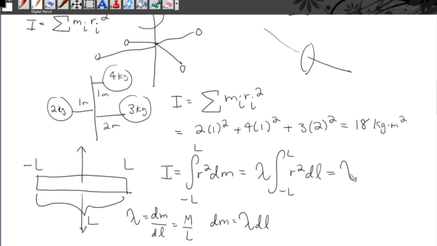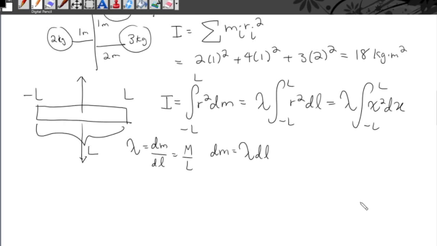So we have lambda times the integral of x squared dx. And this is just basic integration. Then we have lambda again times 1/3 x cubed from negative L to L.